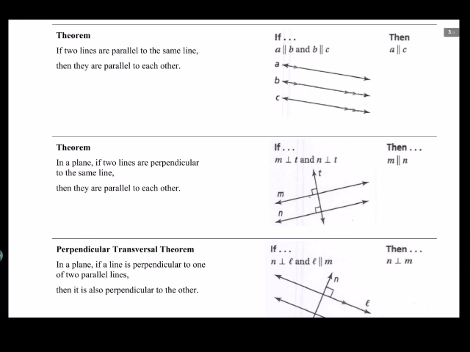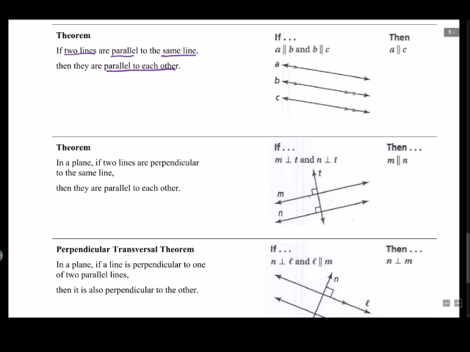Now we will use these next three theorems later on, but it's good to have all of this in one place. Our first theorem here, it does not have a name, so you have to write it out, but it's an easy one. It says if two lines are parallel to the same line, they are parallel to each other.